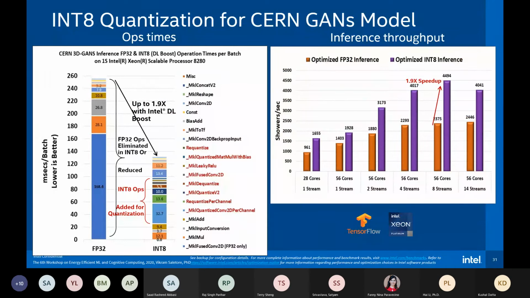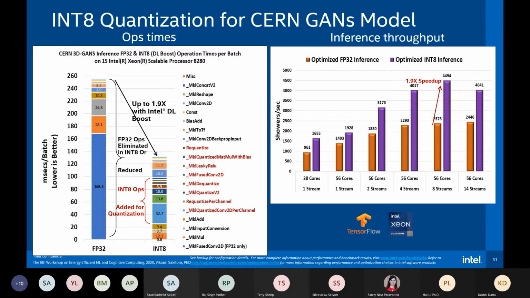On the left are the operation times, showing how some of the FP32 operations have been either eliminated or reduced, and of course you have the overhead of adding quantized operations like quantized matmul or quantized LeakyReLU, the ones in red.